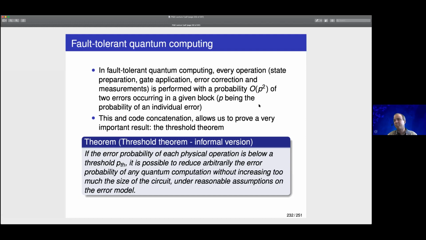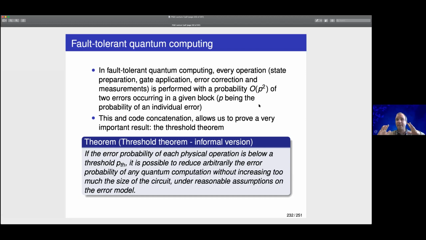And then with some mild conditions on the properties of the code and on the error model, it can be shown that you don't need to apply too many of these concatenations of codes in order to reduce the probability of error as much as you want.